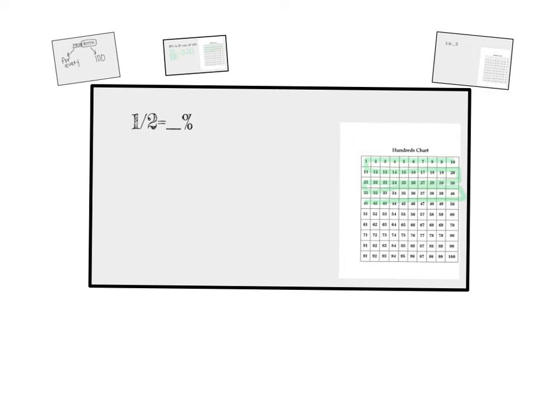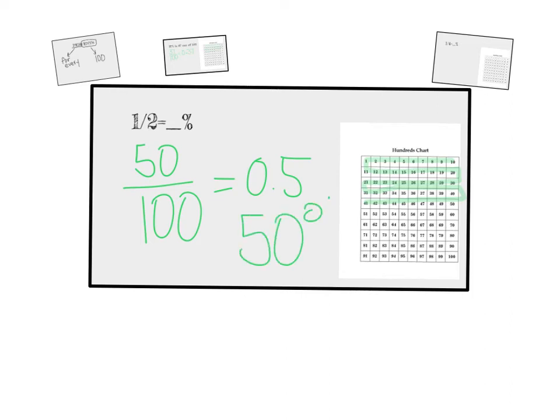So we could say that half of 100 is 50 out of 100. For remembering the other ways that we can say this, we could also say it's 0.5 or 5/10 or 50 hundredths. But the other way we can say that is it is 50%. So 1/2 is 50%.